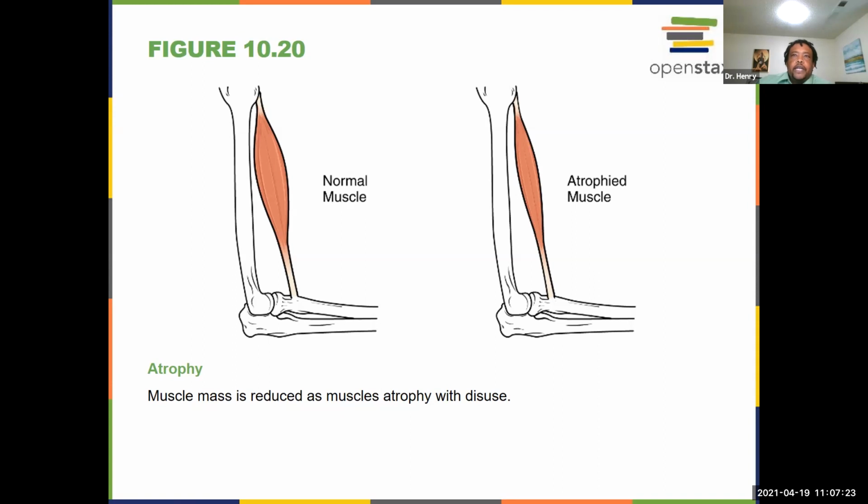What is the difference between a sprinter and a long distance runner? Sprinters typically are going to have more of the FG fibers than a long distance runner. Typically their legs are much bigger, big thighs, big muscles, so they're going to have a lot more hypertrophy.